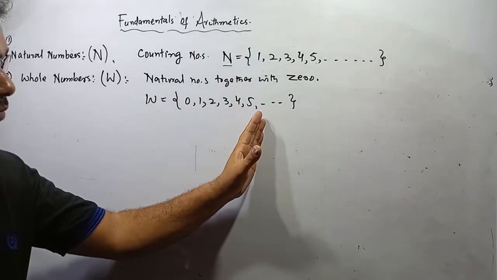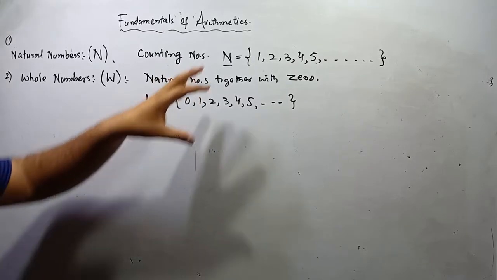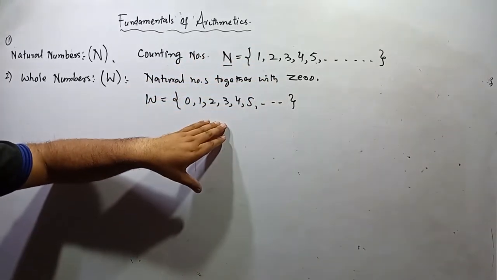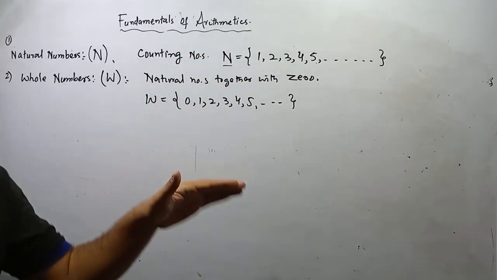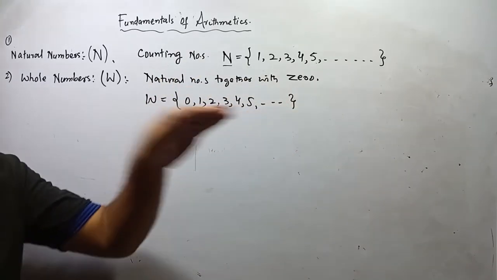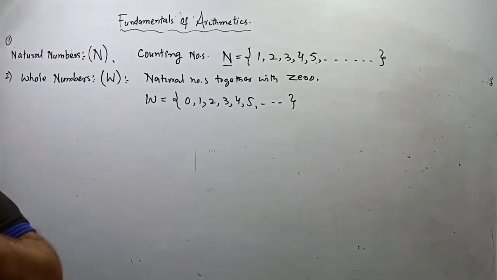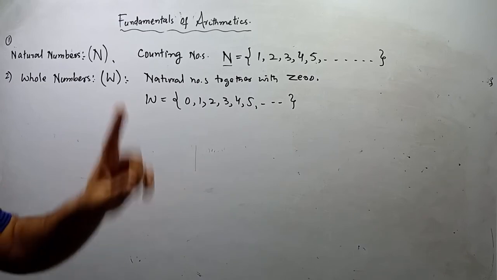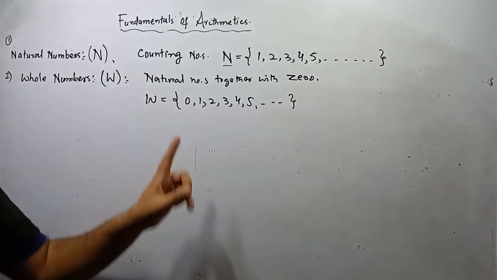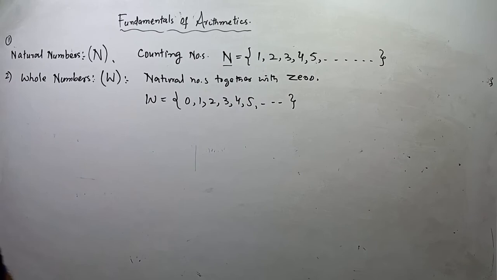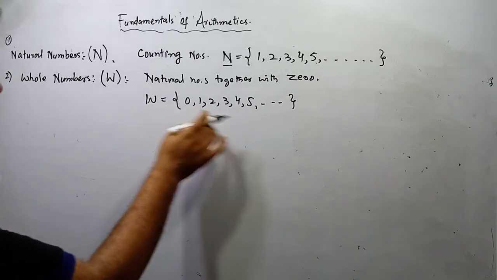All others are natural numbers. So we can say all natural numbers are also whole numbers, but all whole numbers are not natural numbers, because there is one value, that is 0, which is a whole number but is not a natural number. So this was about the whole numbers.